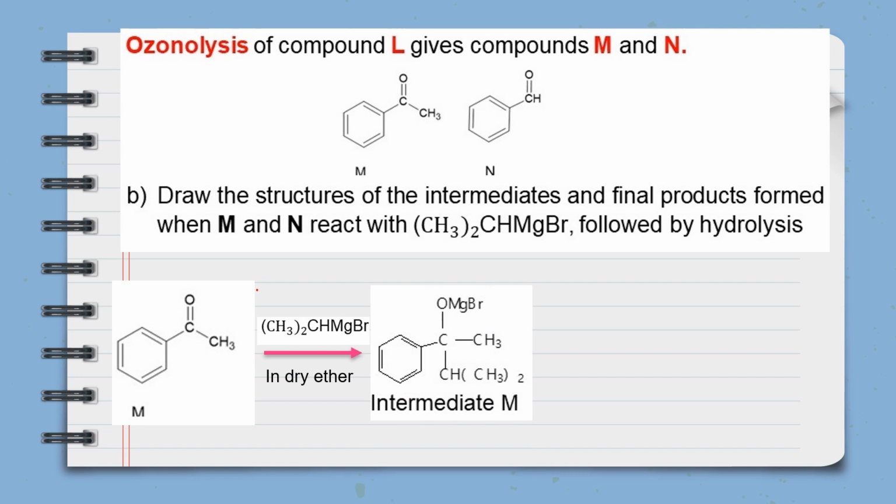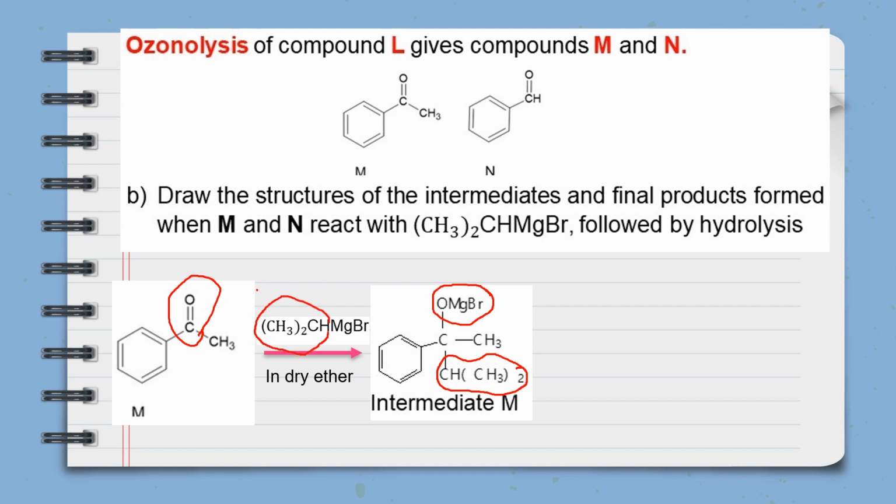The C double bond O now turns to OMgBr, and a new bond forms, where the alkyl group from the Grignard reagent bonds with the main structure.